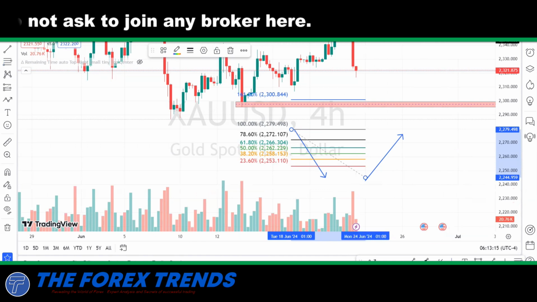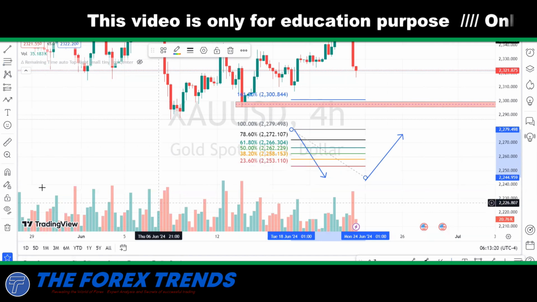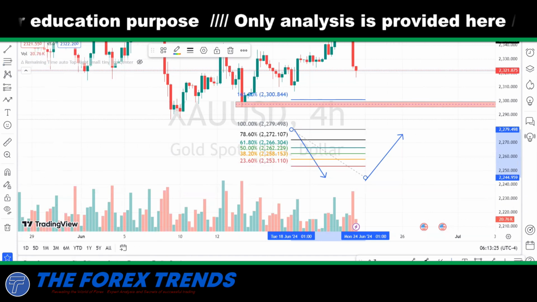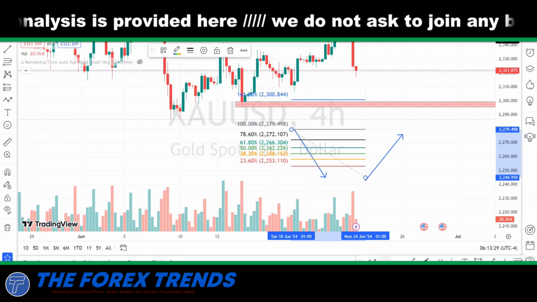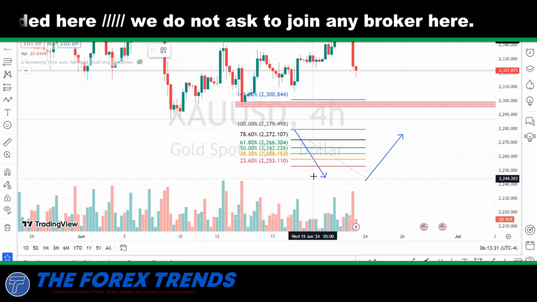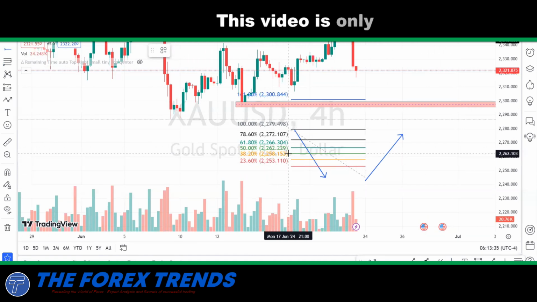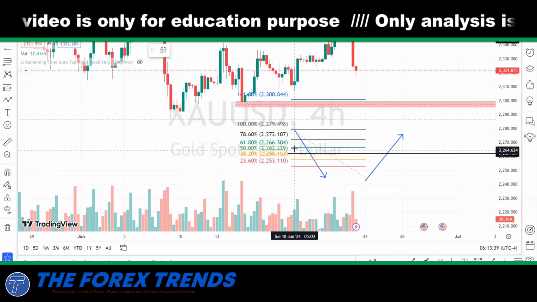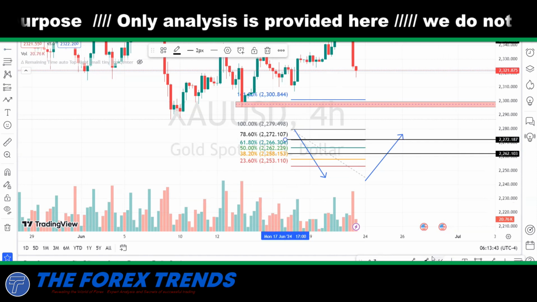Okay. As per my experience, whenever we plot Fibonacci on an impulse, there are two best positions to join this current trend. As per Fibonacci, the first good point is the 50% level. This is the 50% level. And the second is the OTE level, that is the 78.6% level. This is the 78.6% level.